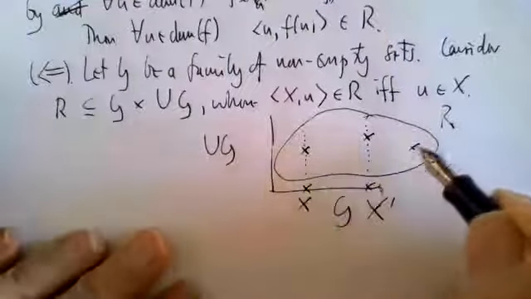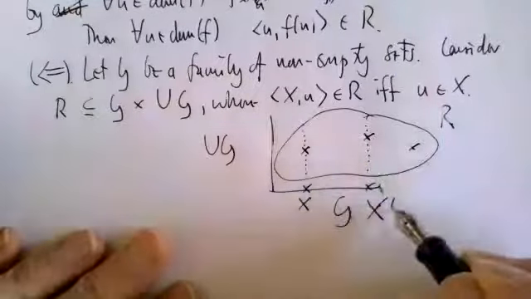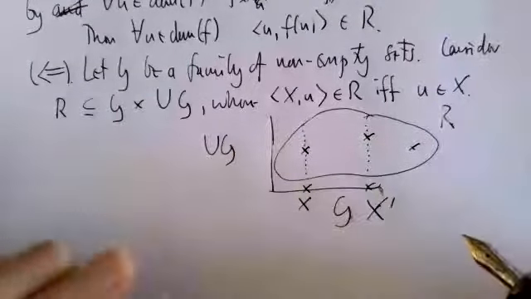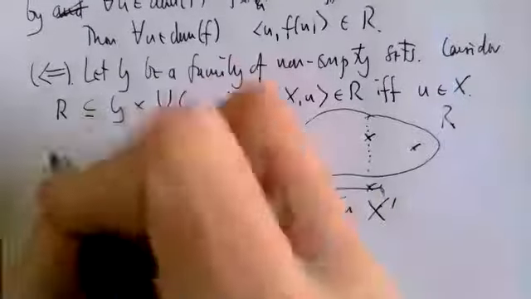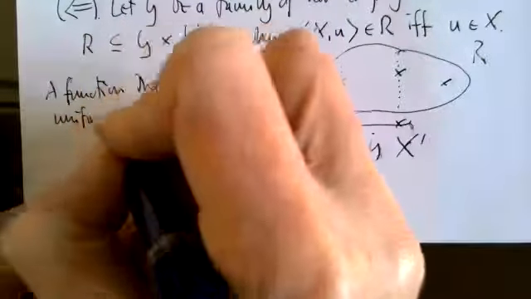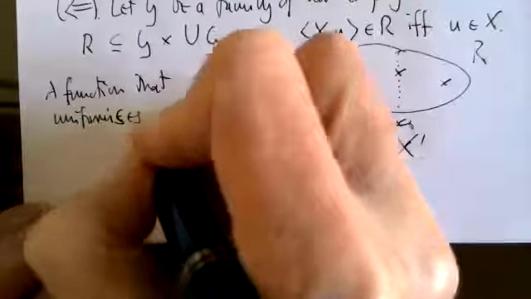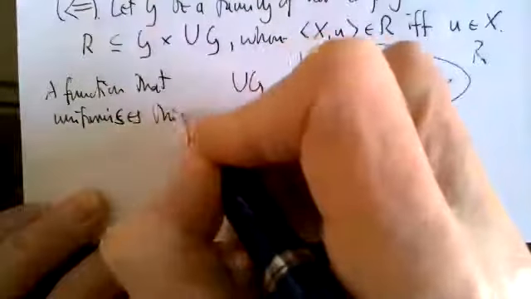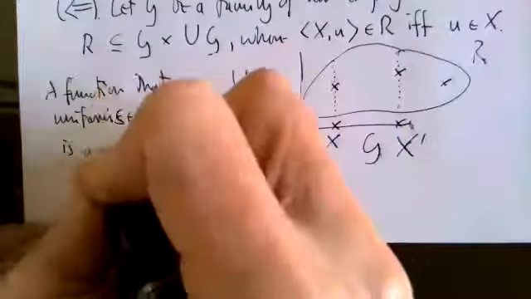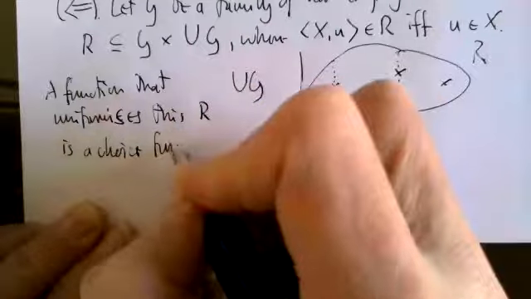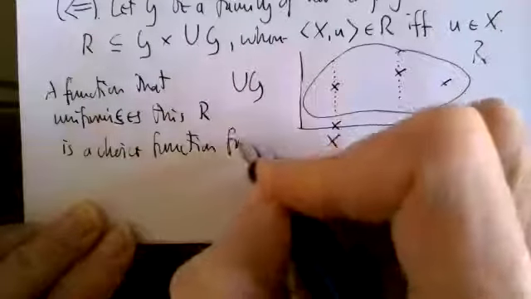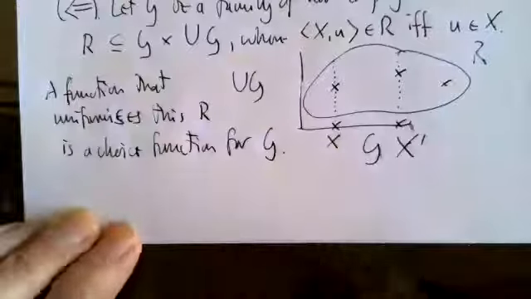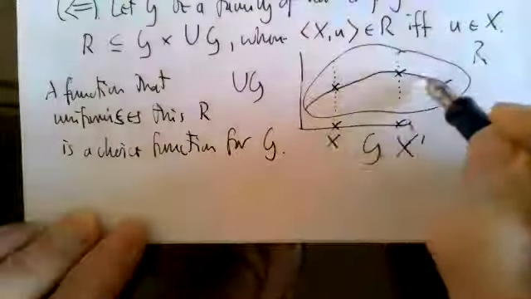Of course, what the function is doing is just picking an element from each of these X's in G. And that's what we want. So I'll just say here, a function that uniformizes this R is a choice function for G.